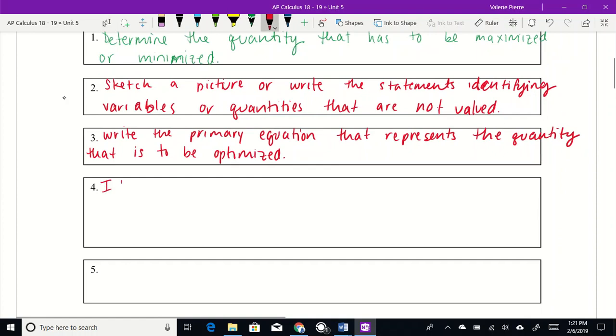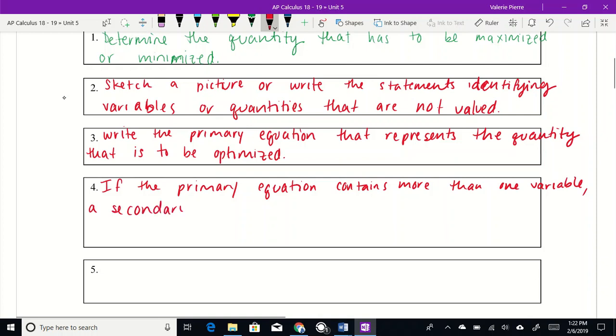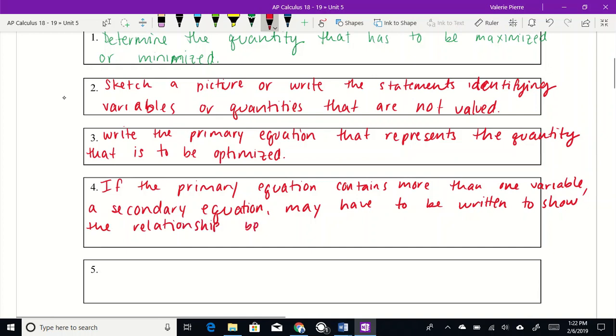Step 4, if the primary equation contains more than one variable, a secondary equation may have to be written to show the relationship between the two variables.